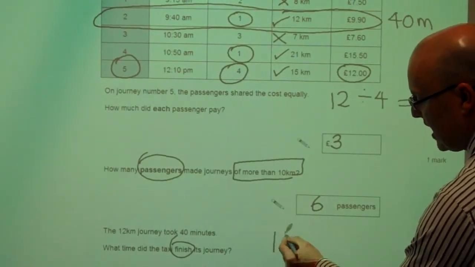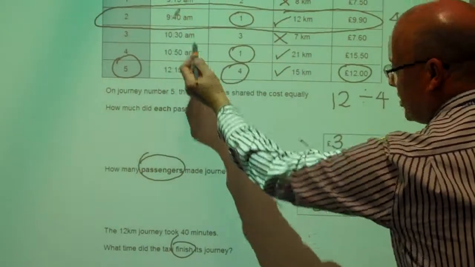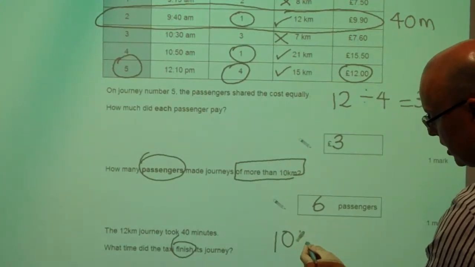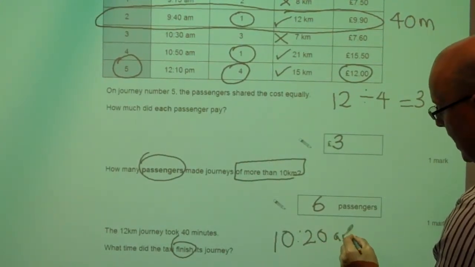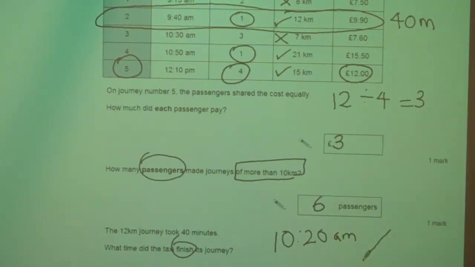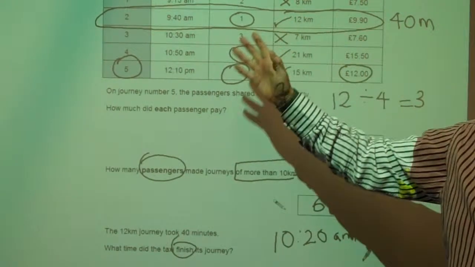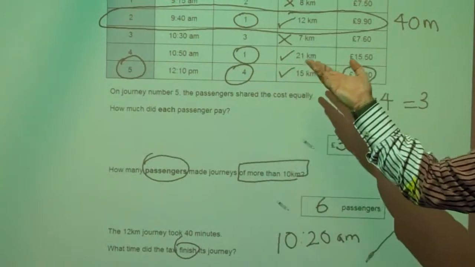So the answer will be 10:20 AM. Use the same annotation. 3 marks using your interpretation skills for charts.